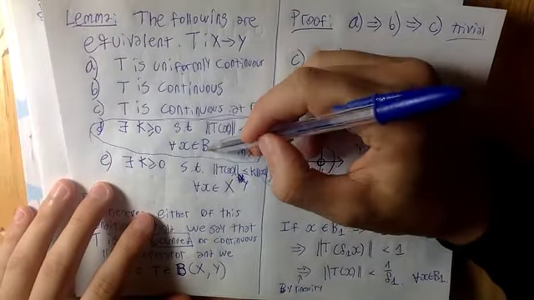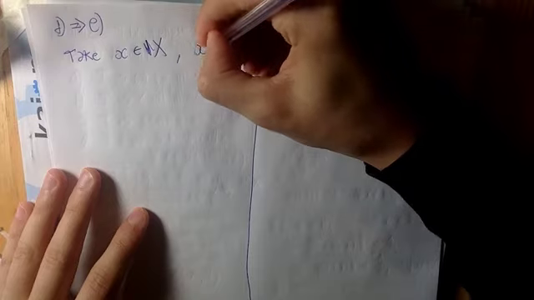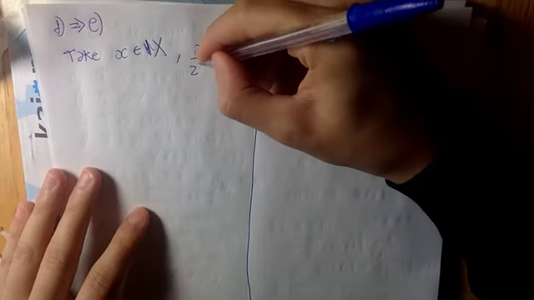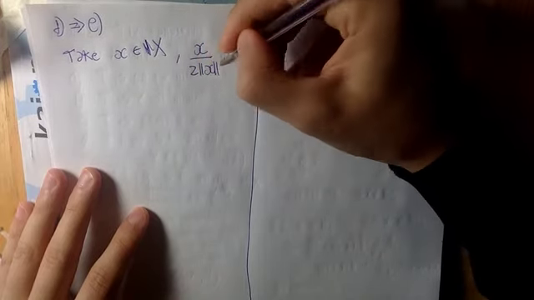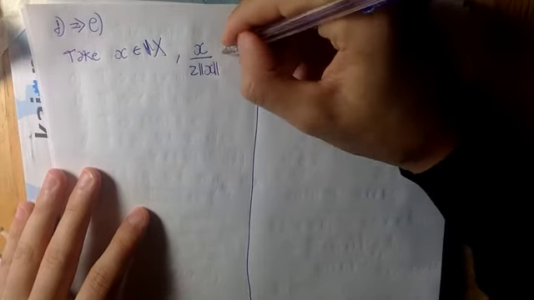We take x in X, and we consider x over 2 times the norm of x, which is going to be in B1.